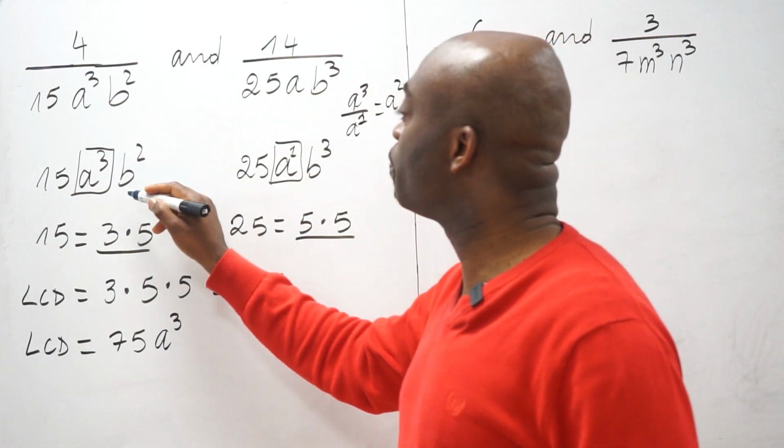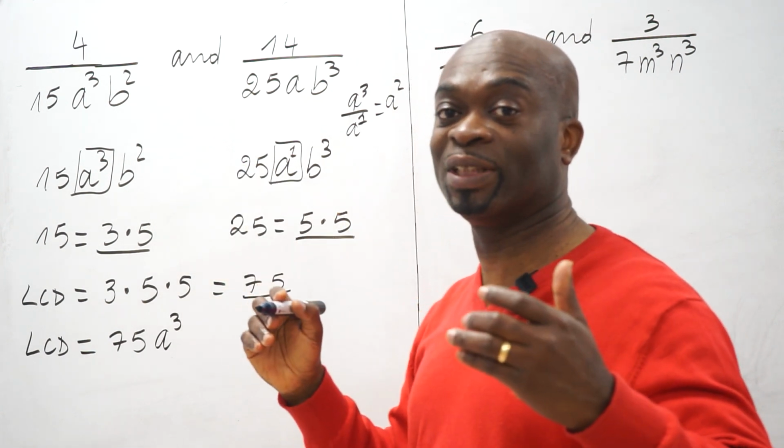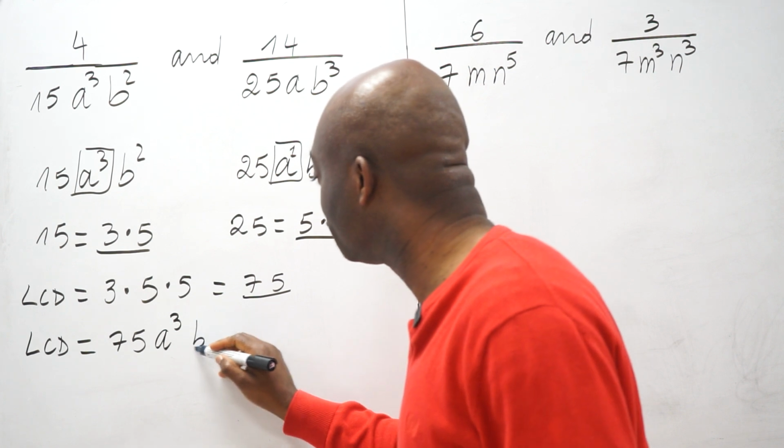When it comes to b, we have b^2 and b^3. Whichever is higher is your lowest common denominator, so it's going to be b^3.